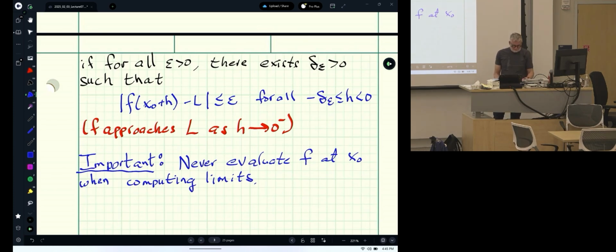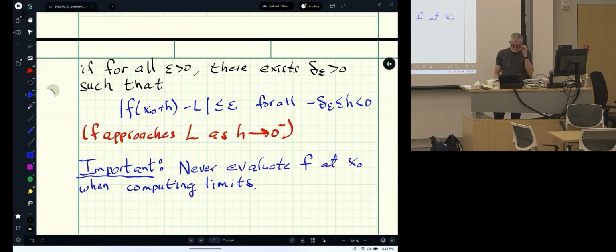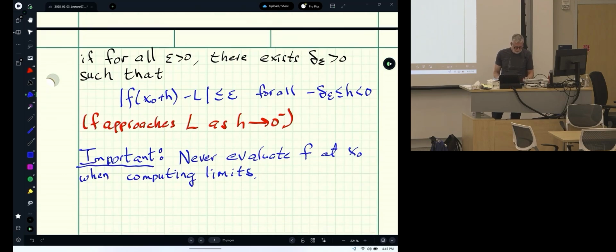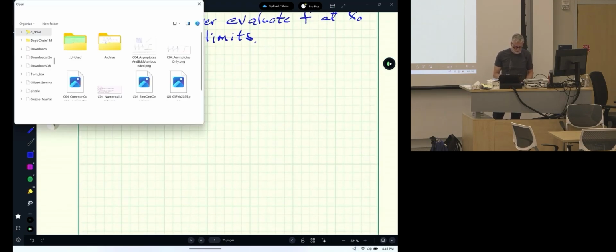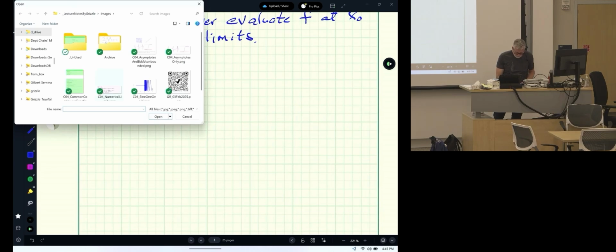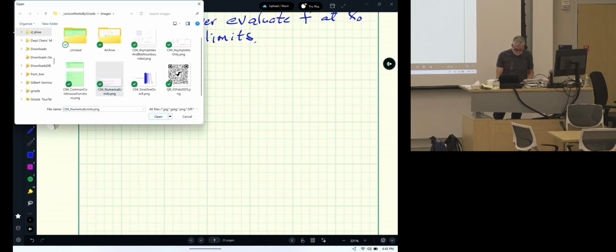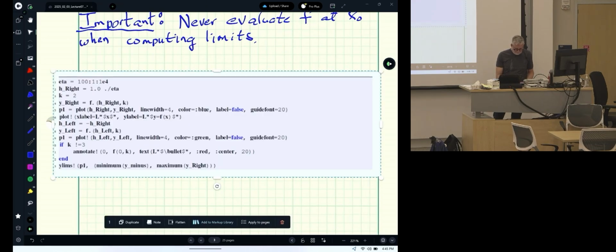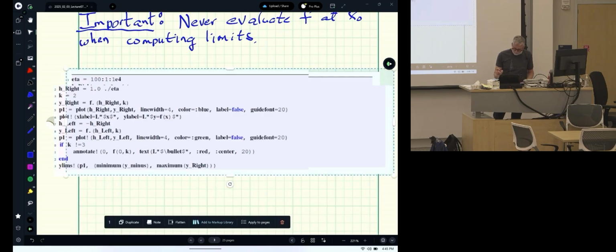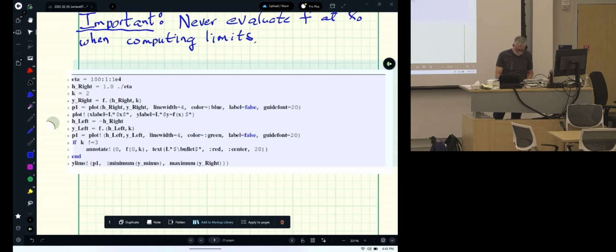Okay. So in the textbook, I've got some code that you'll get to play with in Julia as well. Let me blow this up a little bit.